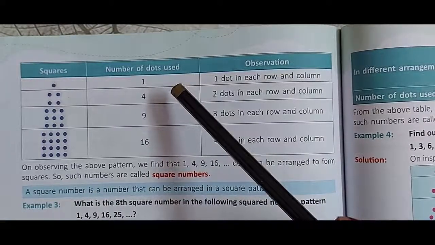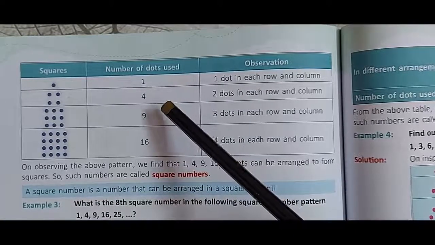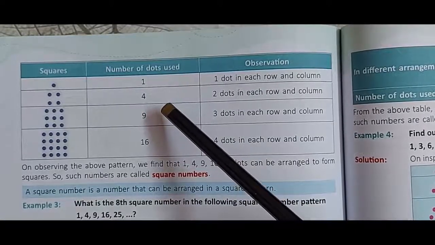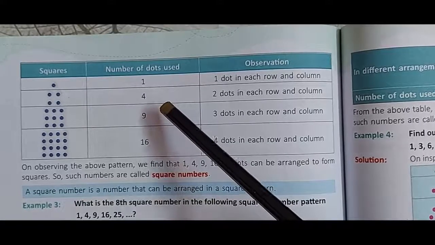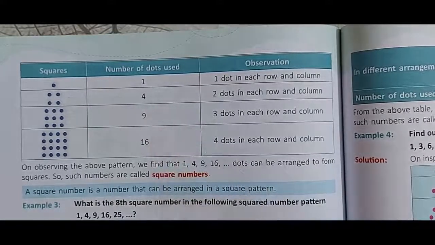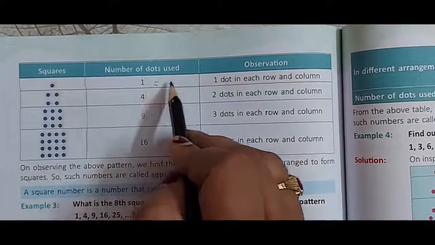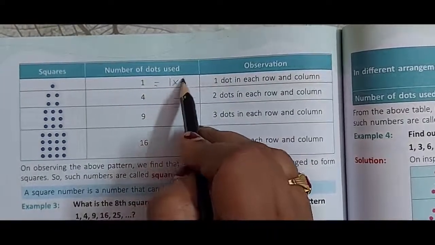If we multiply 1 by itself, 1 into 1 gives you the first square. Similarly, to get the second square number, you have to multiply 2 into 2. So 1 is equal to 1 into 1.